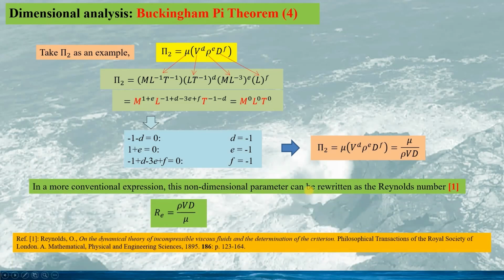However, in practice, the inverse of this non-dimensional parameter pi 2 is generally used, which is actually a non-dimensional variable Reynolds used in his publication as the K number in 1895 when he studied the pipe flow transition from laminar to turbulent. And now this non-dimensional parameter was named the Reynolds number as we use today, given by this.